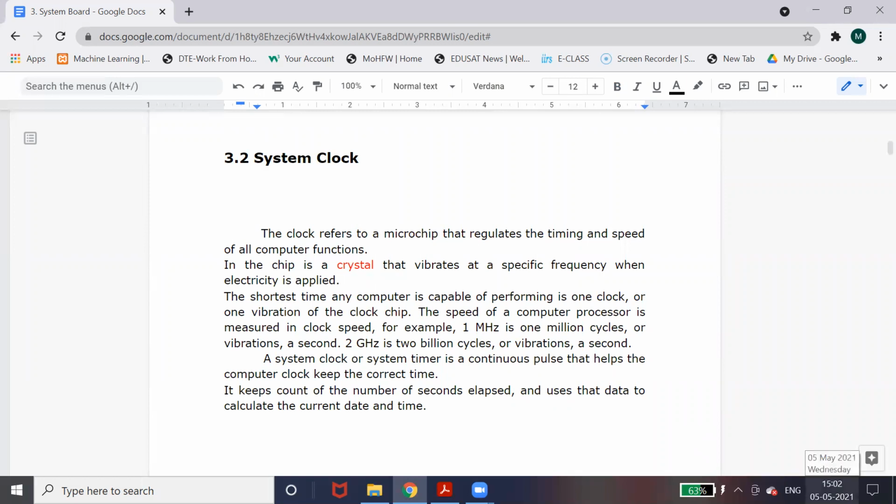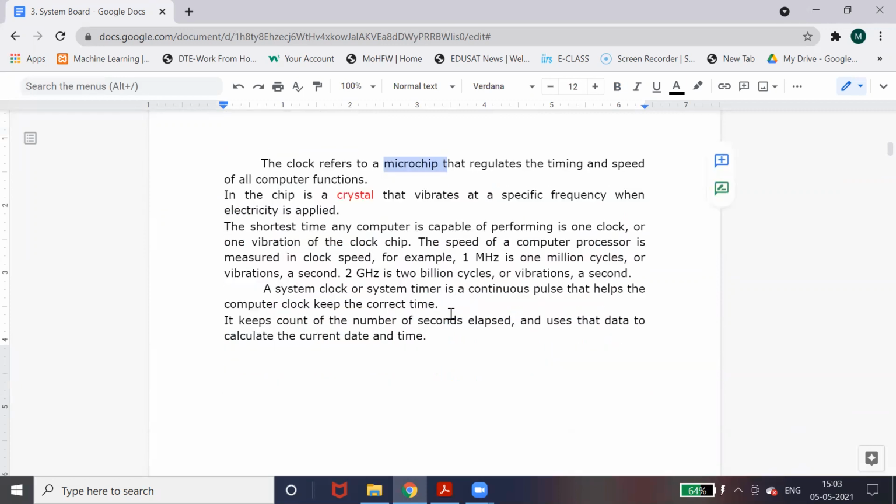On this computer you get the correct date and the correct current time as per your location. This clock is actually a microchip stored on your motherboard, and it is a system timer. It produces continuous pulses that help identify the correct date and time.